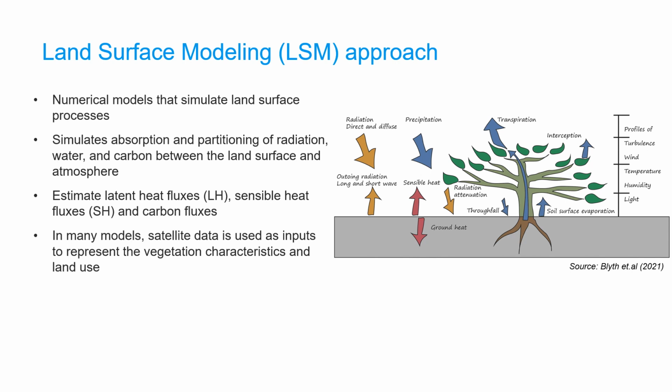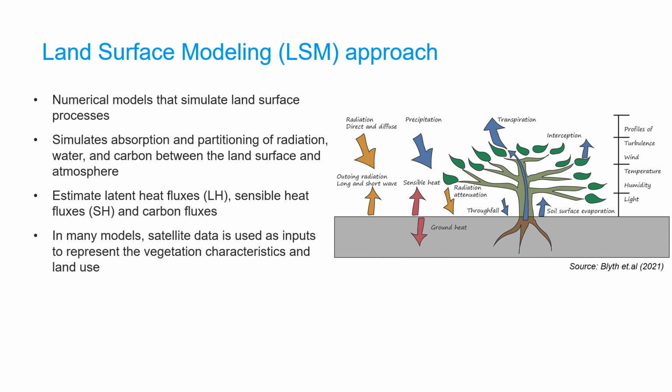These models, when provided with meteorological forcing as inputs, estimate latent heat fluxes, sensible heat fluxes, and carbon fluxes as outputs. The schematic diagram here shows the overview of the simulated process in these models.